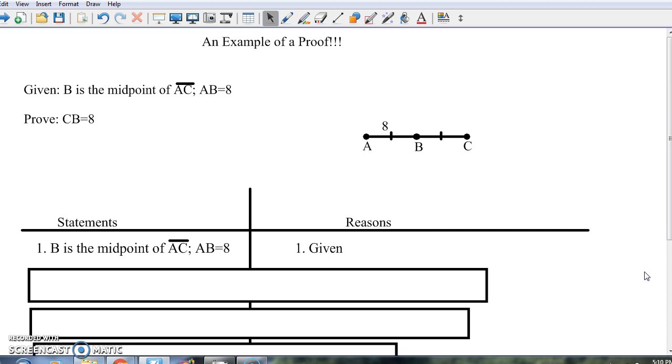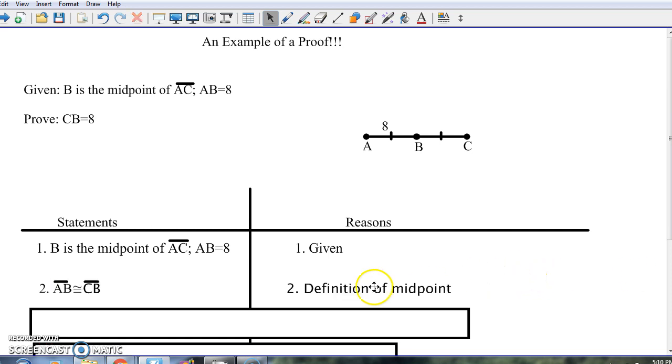So since I've used the definition of a midpoint, that's exactly what the reason is going to be. So there we go: AB is congruent to CB, definition of midpoint. Hopefully you're still with me and I haven't lost you yet.